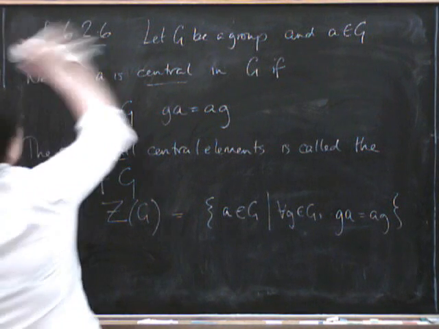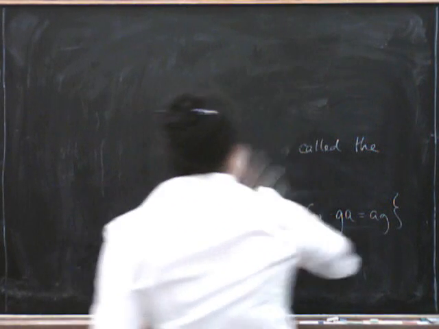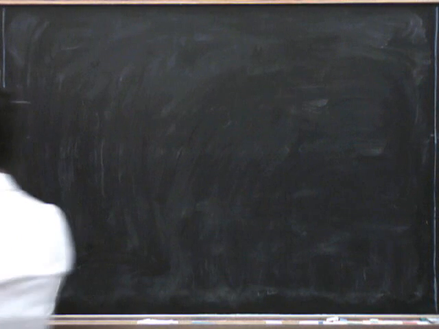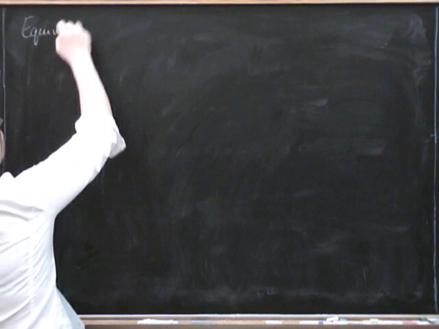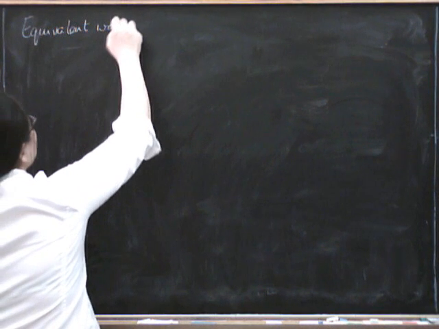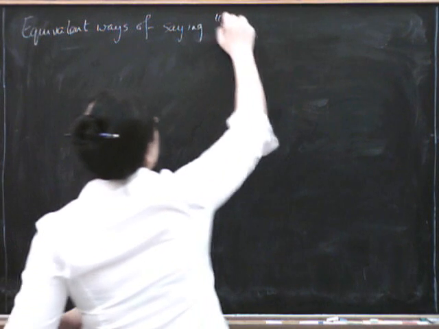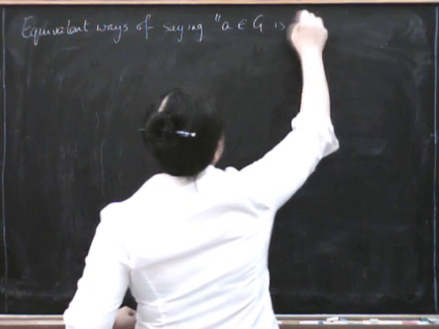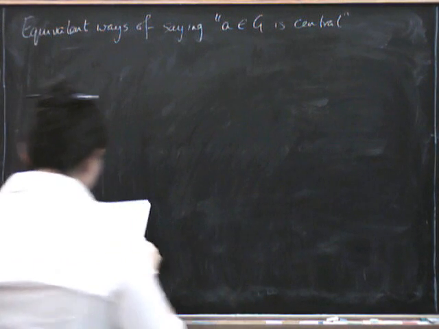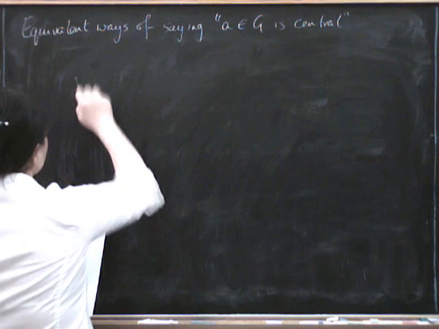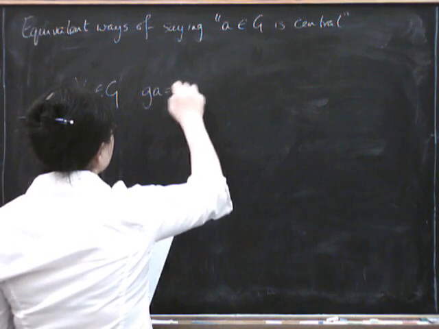First, let's investigate a little more what this center is. There are lots of equivalent ways of saying this, and it's useful to be comfortable moving between all of them. So there are various equivalent ways of saying that A is a central element. The first one was just to say that for all g in G, gA equals Ag.